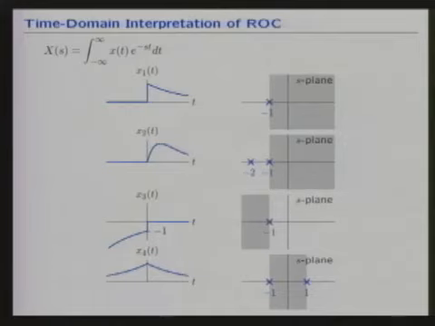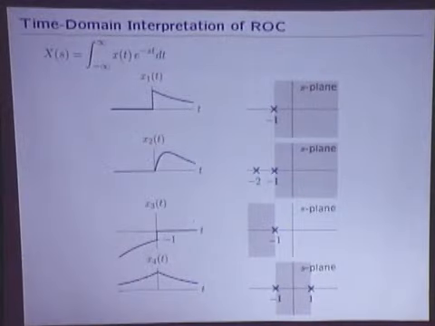What I want to do is think a little bit about what the implications are. What are we doing? What is a region of convergence? So I want to think now about 4 different functions and 4 different pole-zero patterns and 4 different regions.